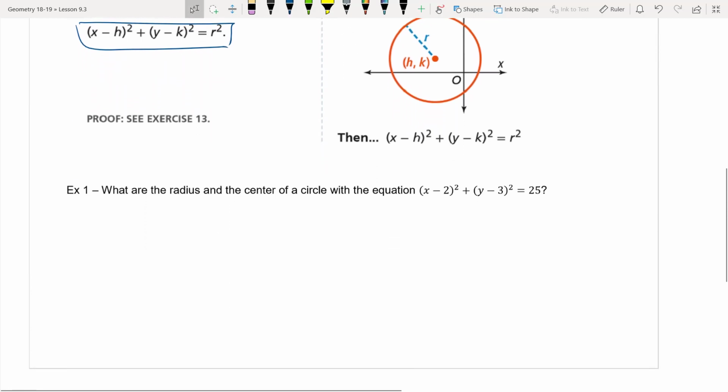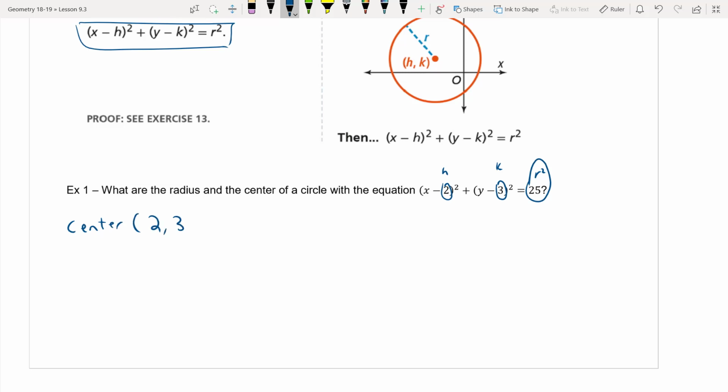So if we take a look at this, it says what are the radius and the center of a circle with this equation. So this number right here, that's h, and this number right here, that's k, and this number right here is r squared. So whenever you're given an equation of a circle, you have to flip the signs on h and k. So my center is going to be just (2, 3).